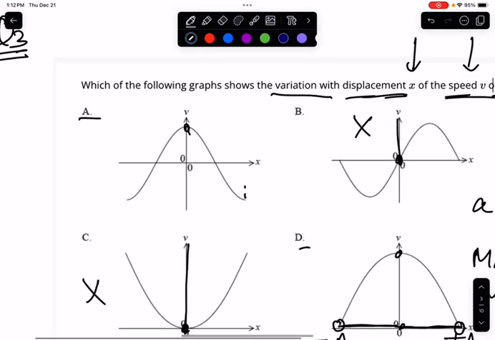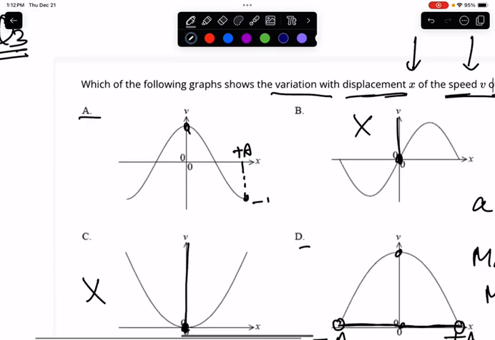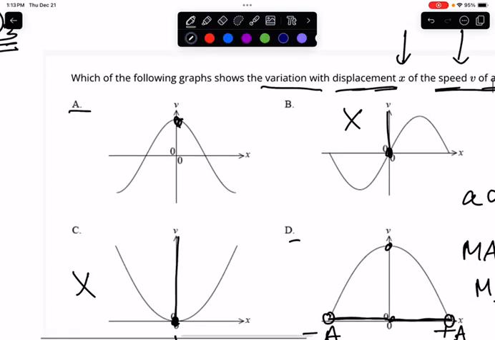Whereas in this case, if we take this to be the positive amplitude, you actually have a negative value for displacement. Essentially, for part A, at your equilibrium, which is at x equal to 0, the velocity is maximum. That's how A works.